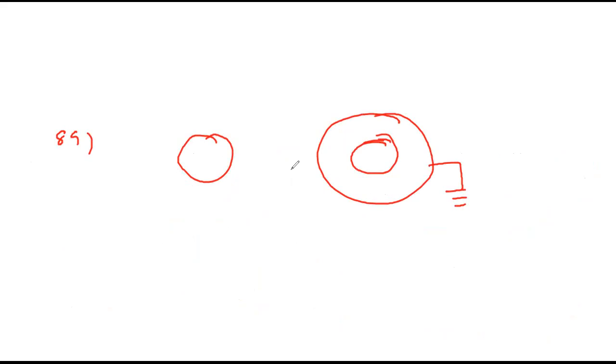Then the ratio of radii is this. If you take small r, this is capital R, the ratio of radii will be how much? What increases n times? Capacity. So this C2 is n times C1, correct?